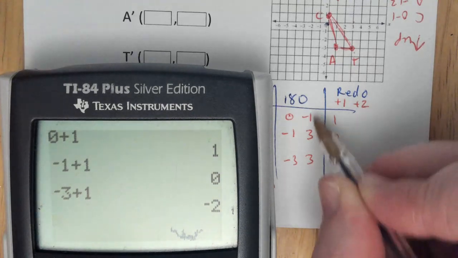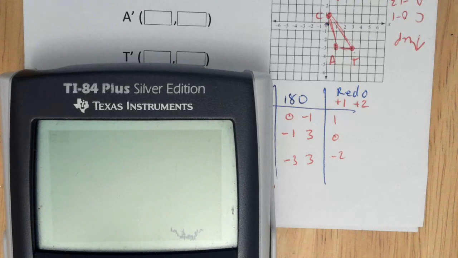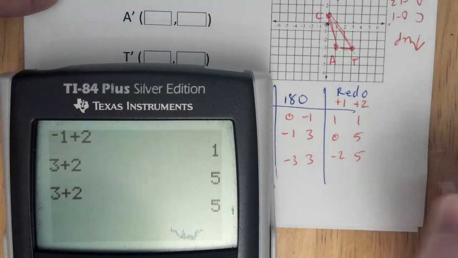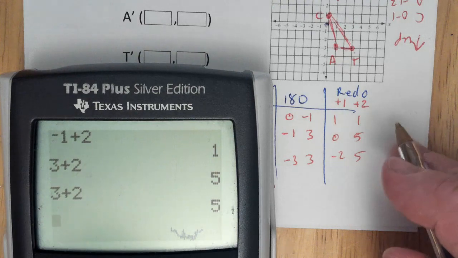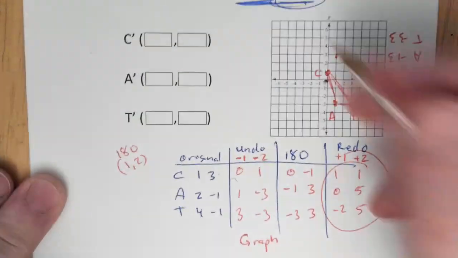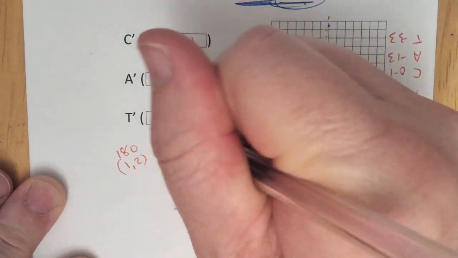Now take all of the y's, and we're going to add 2. -1 plus 2, 3 plus 2, and 3 plus 2. We got 1, 5, and 5. And that right there is your final answer: 1, 1, 0, 5, and -2, 5.